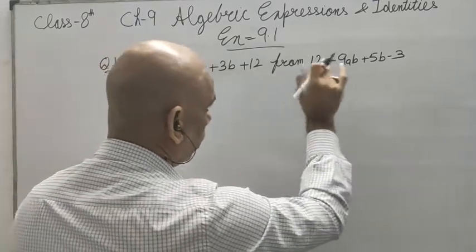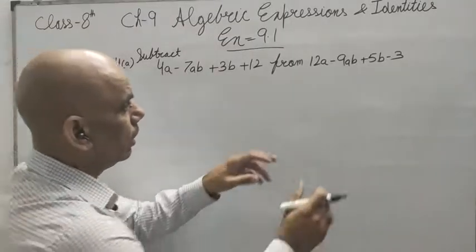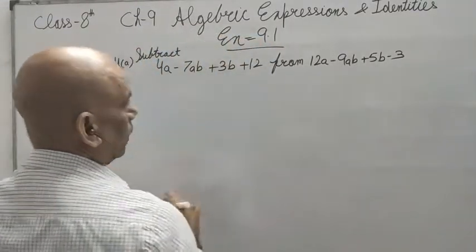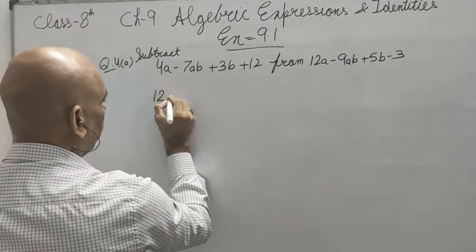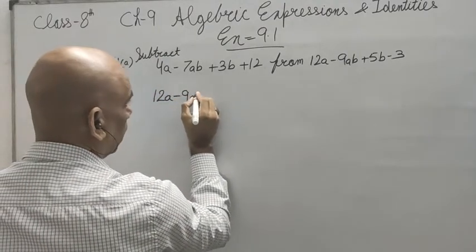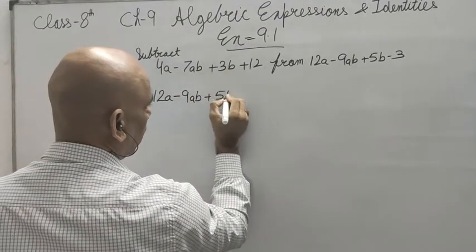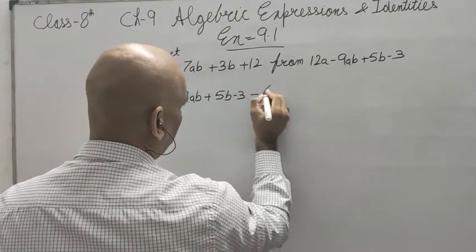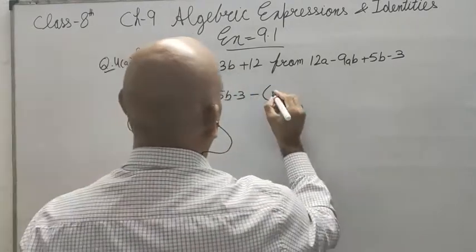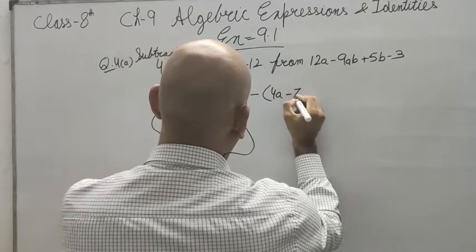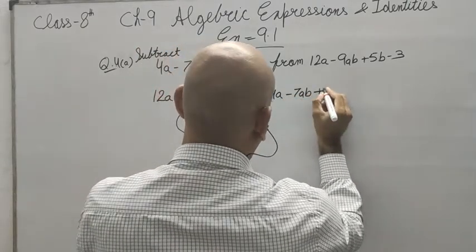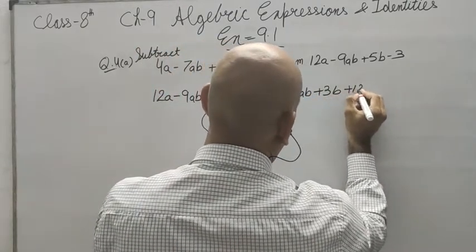Subtract this from this. You know what this "from" means: you will have to write this first and this later on. So 12a minus 9ab plus 5b minus 3, minus all of this, 4a minus 7ab plus 3b plus 12.